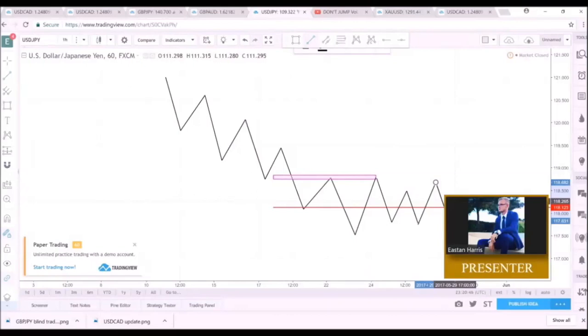And the demo accounts, are those located on TradingView as well? No, the demo account you have to set up on MT4. Okay. Are you in the Operation Promised Land group? Yes, I am.